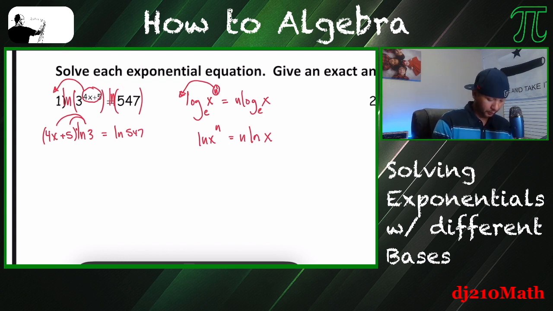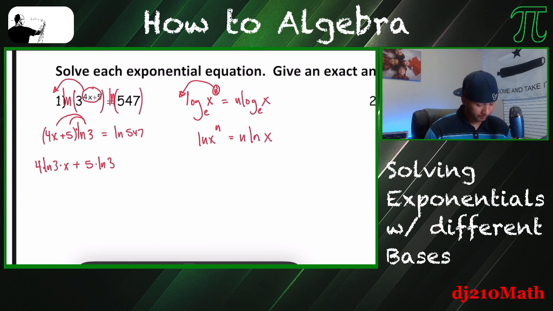So 4 ln 3 x plus 5 ln 3 is equal to ln 547.